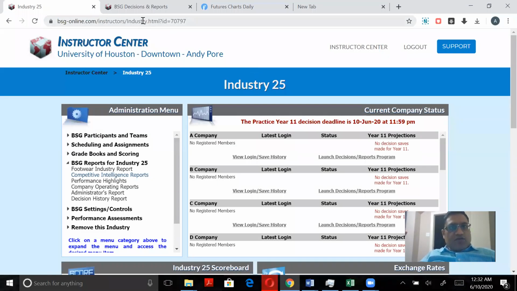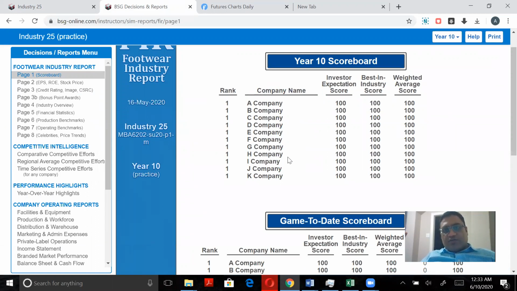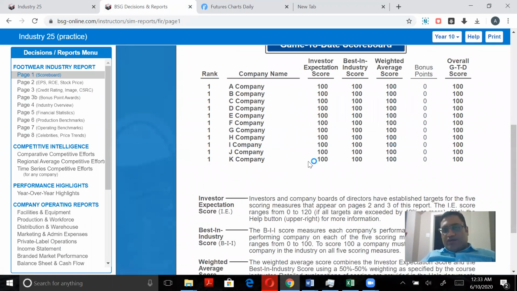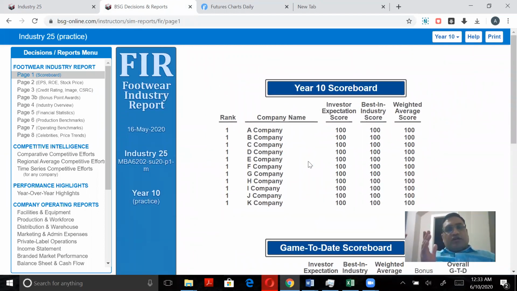Okay. So let's just say we're starting from the first report. The first report is a scorecard. You're not going to say, oh, page number 1 has the scorecard and there are this many companies and all that. No, just tell me what the report is about. The report is a scorecard and it tells you the standings or the rankings of companies.